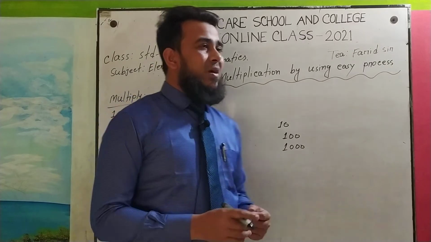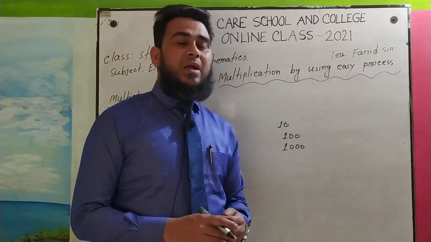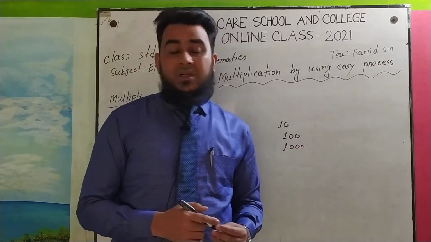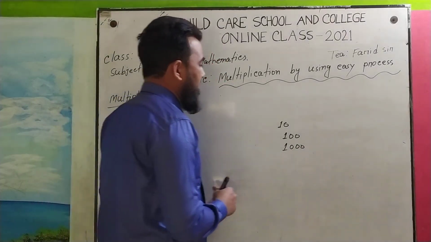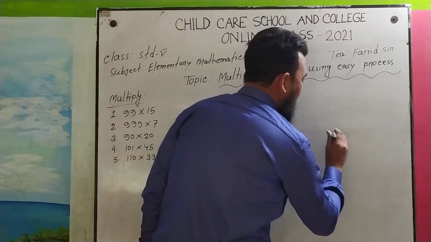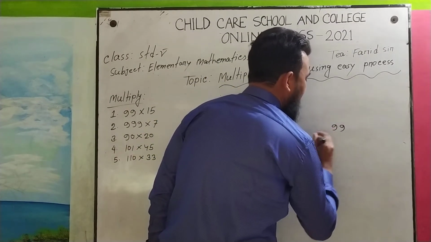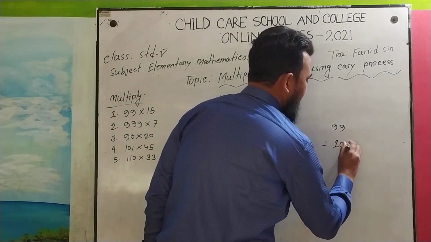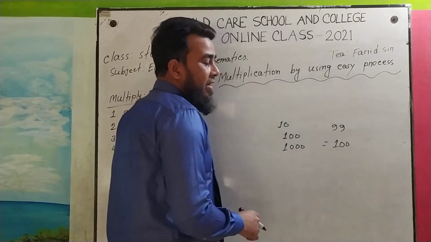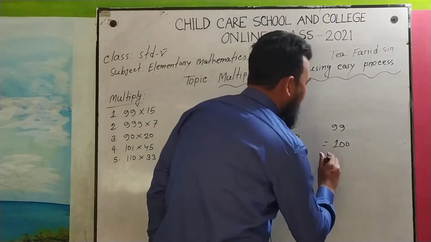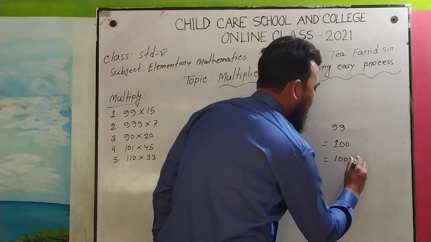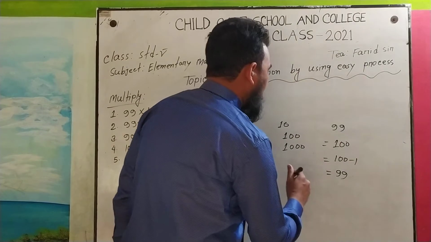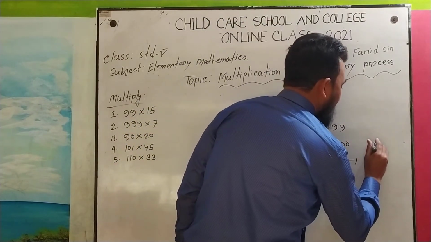Some numbers are less than a round figure, and some are greater. Suppose I write 99, and its next round figure is 100.